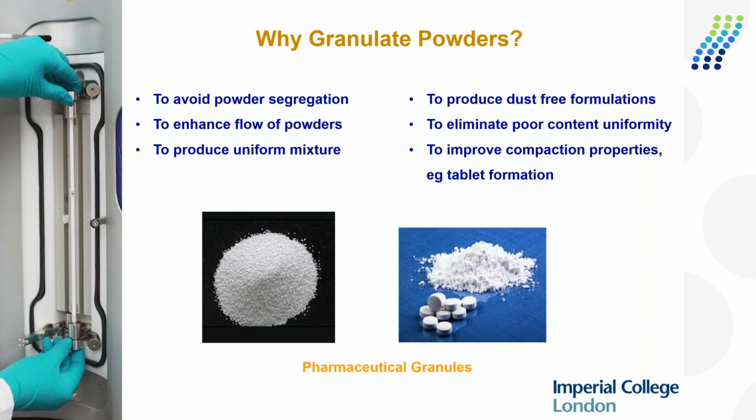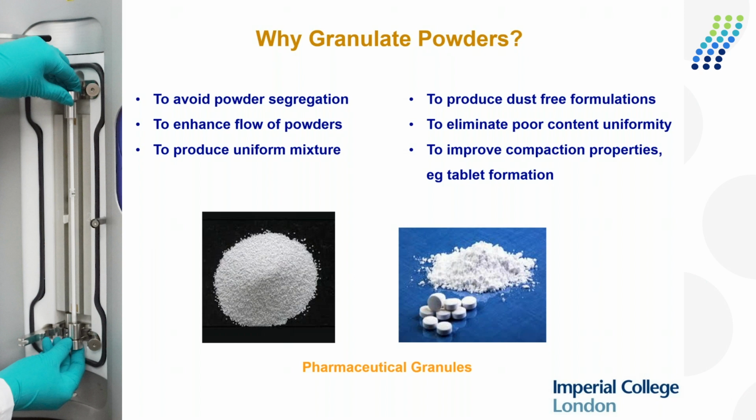We also might like to eliminate poor content uniformity. And we want to improve the compaction properties sometimes, i.e. there are many cases where pharmaceutical materials are granulated as a precursor to making tablets. And sometimes granules can facilitate the tablet manufacturing process. So there are quite a few reasons why we want to granulate powders. Certainly it's a very common operation in the food, pharmaceutical, agrochemical, and many other sectors.